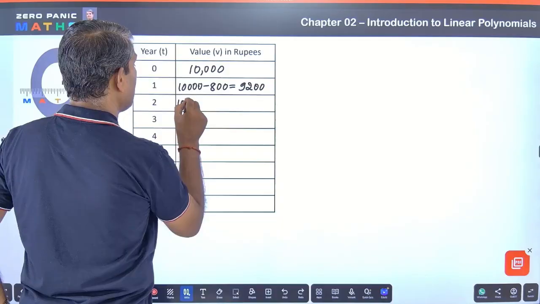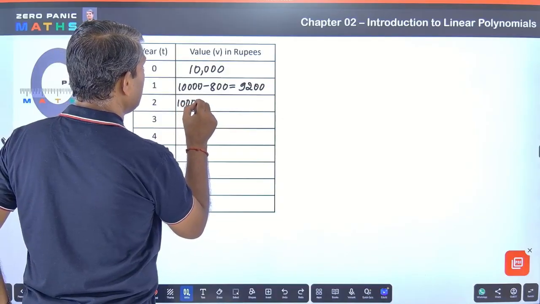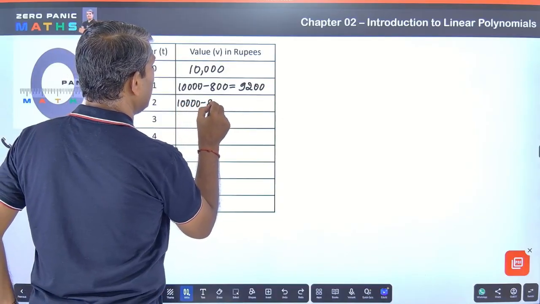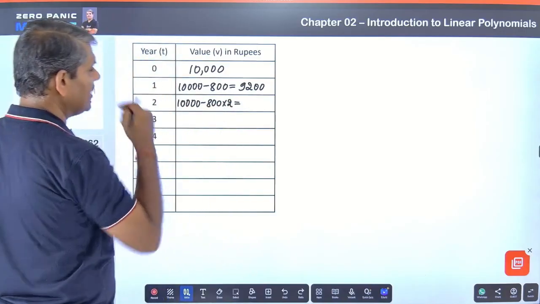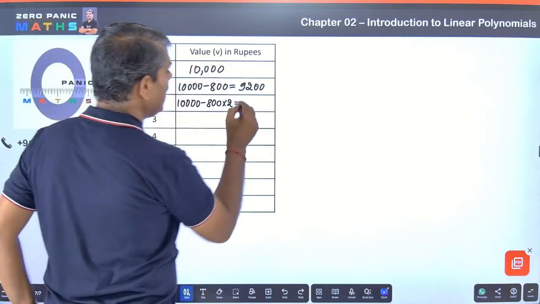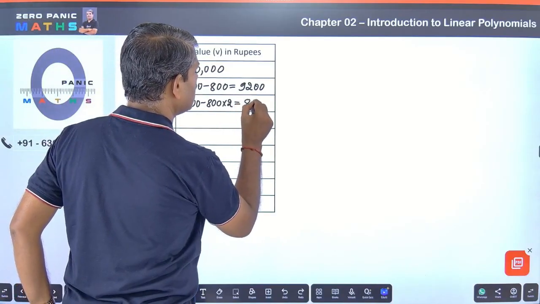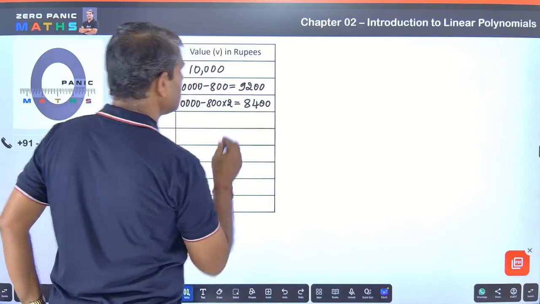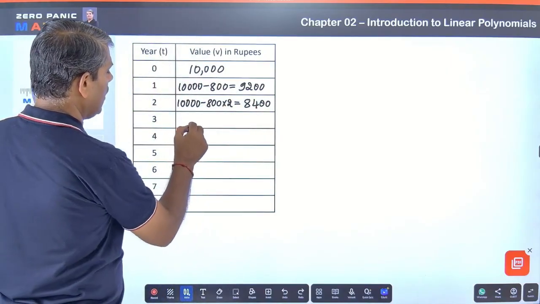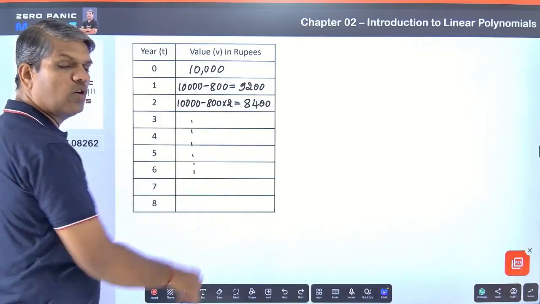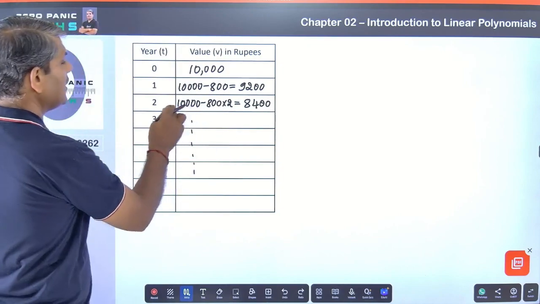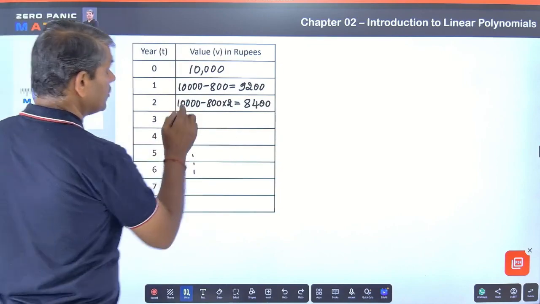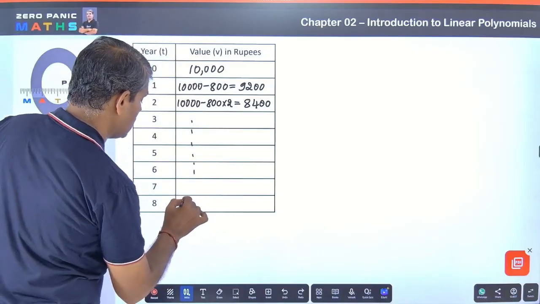Again, after 2 years, it will be 10,000 minus 800 two times. 800 two times is 1600, so it will be 8,400. Similarly, you will fill all these values. Go on calculating 800 into 3, 800 into 4, and subtracting from 10,000.